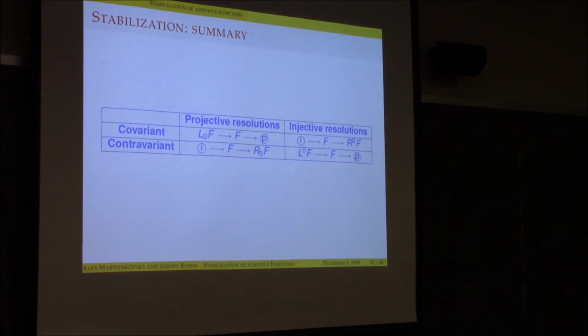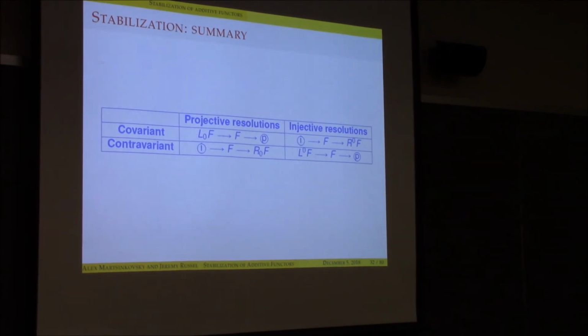So here's the summary. How do you projectively stabilize a functor? Don't think in terms of resolutions. You will get confused in no time. Here's the thing. I told you, all these arrows between functors and the identity functor are universal. These are units and counits of adjunctions.